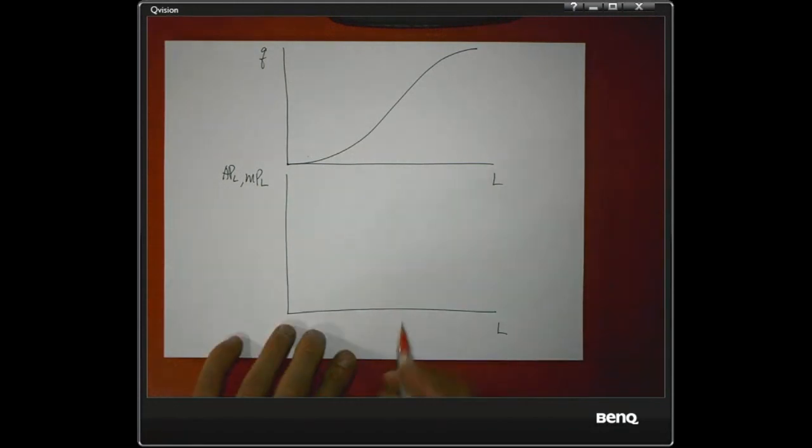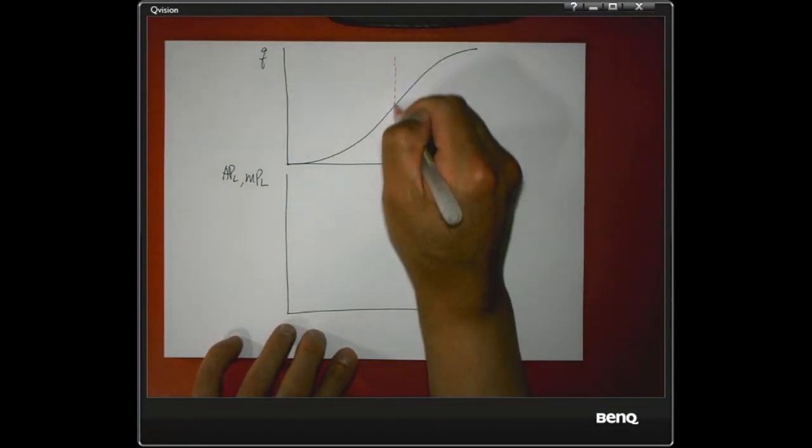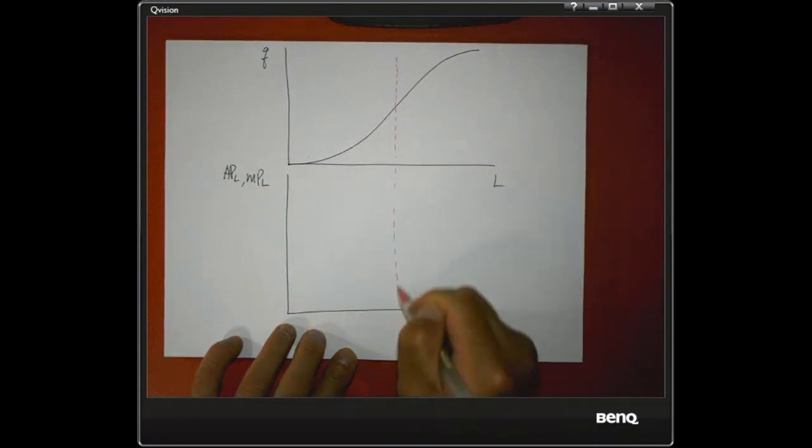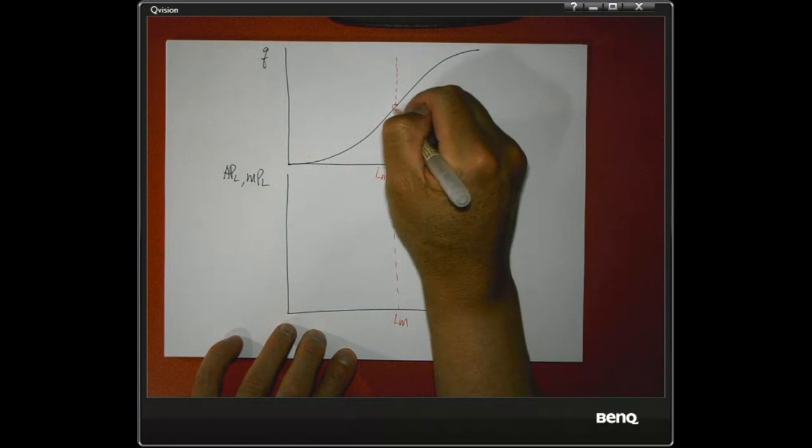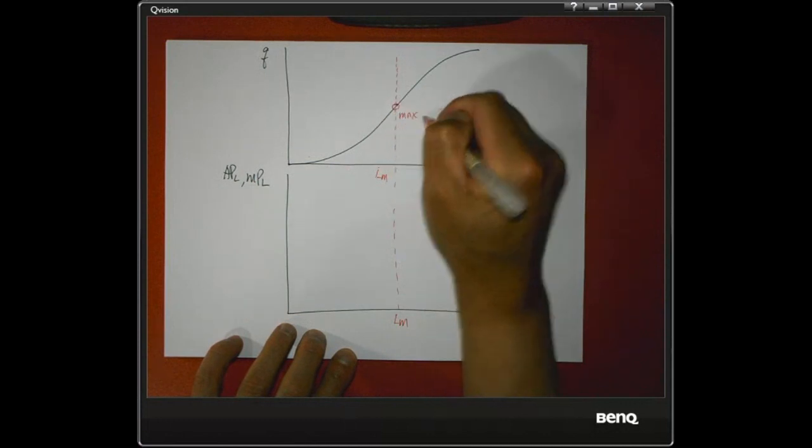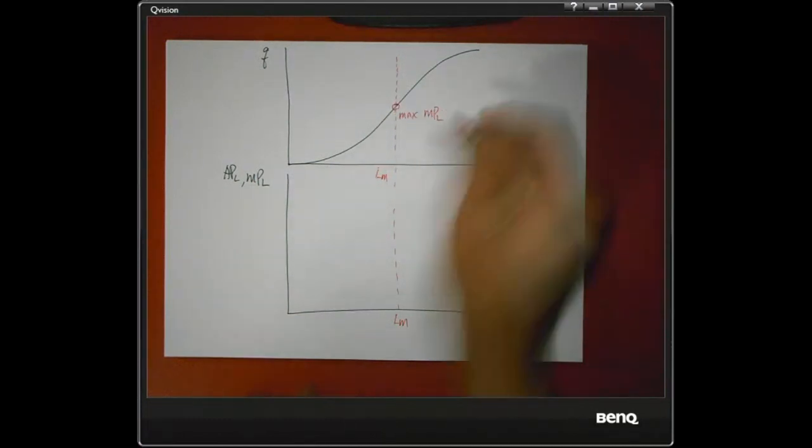First, we said that somewhere in here, this is where we get the maximum marginal product of labor.